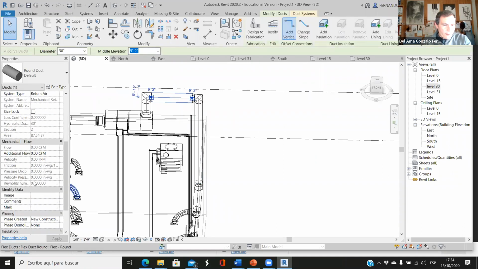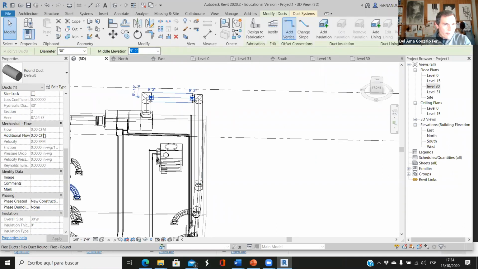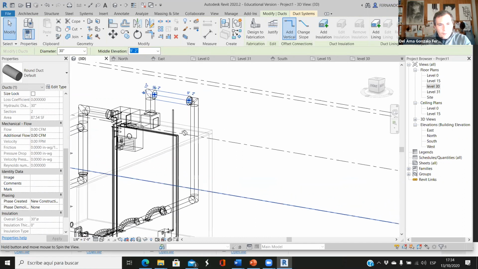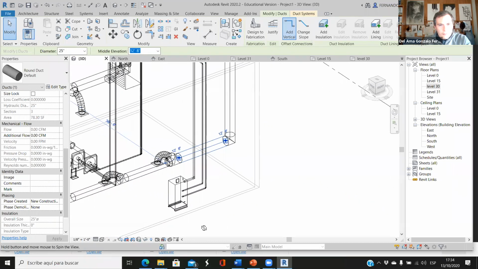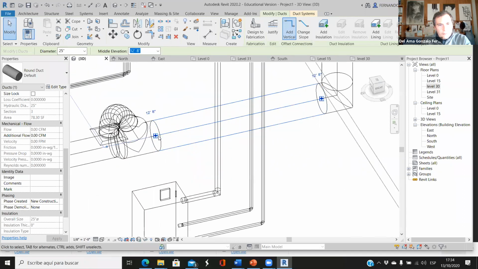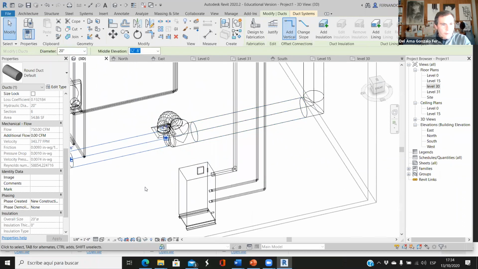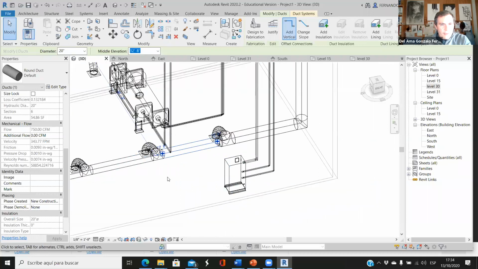And we have to check the flow here. It's 0. So where is the mistake? This is 0. This is 0. This is 750.